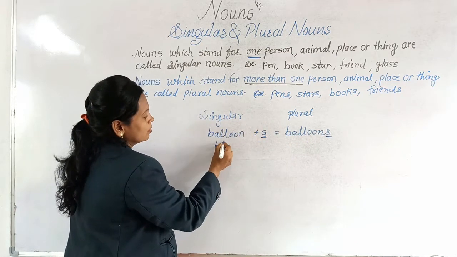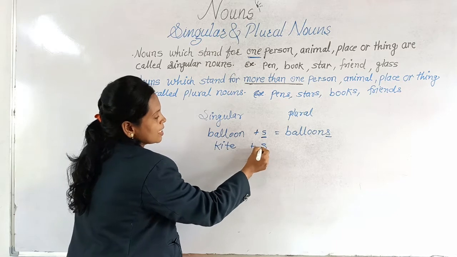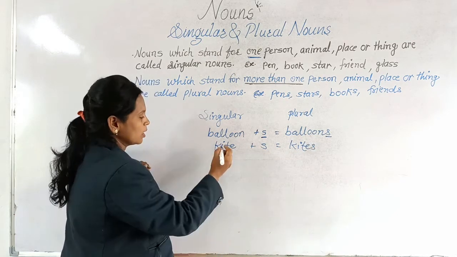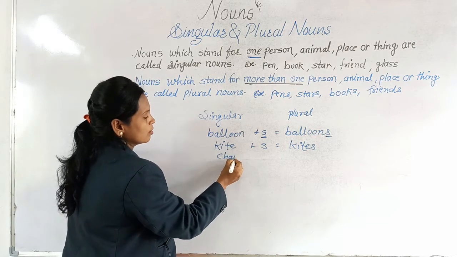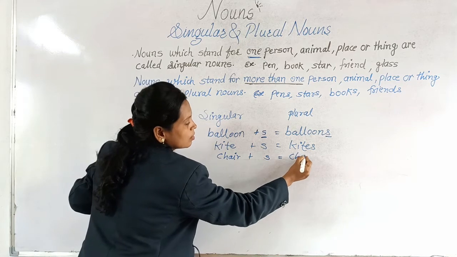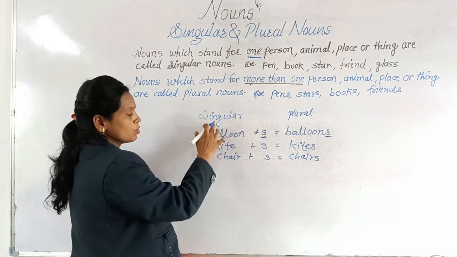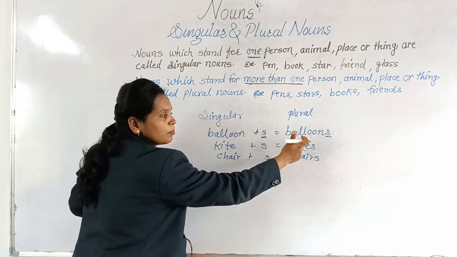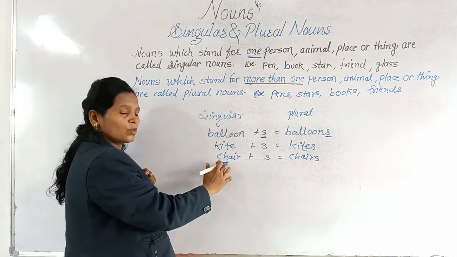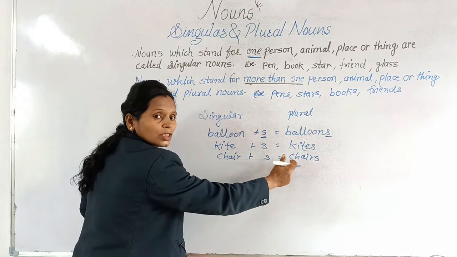Then kite plus s, kites. Then chair plus s, chairs. So singular balloon, plural balloons. Singular kite, plural kites. Singular chair, plural chairs.